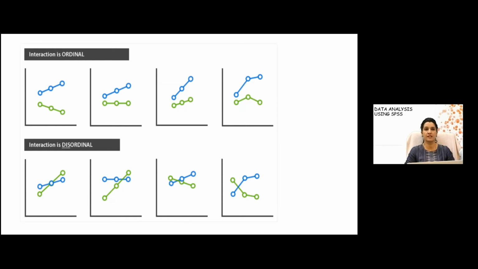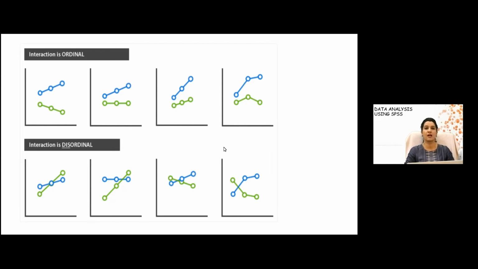In this case, you can see that both here and here it is not parallel. So the graph will be something of this sort of pictorial representation where the lines won't be parallel.